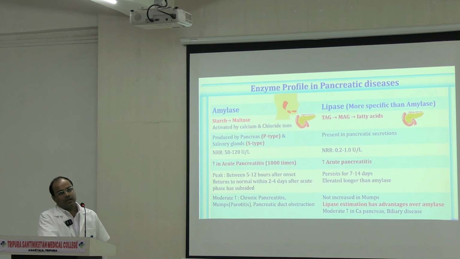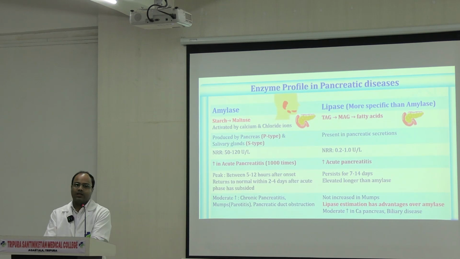Apart from that, for pancreatitis, you can have a lot of other investigations there like ultrasound, CT scan. Okay. So remember, acute pancreatitis is a medical as well as surgical emergency. If you do not treat, 50% or more than 50% of patients may die because of pancreatitis. This is one of the most dangerous diseases, pancreatitis.